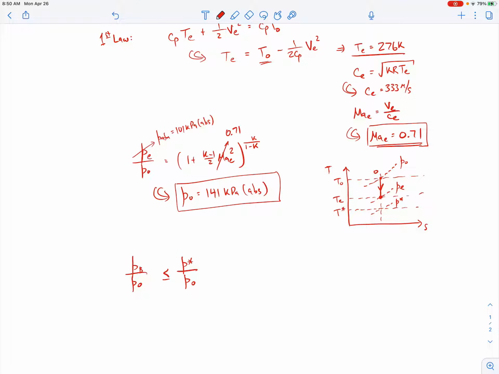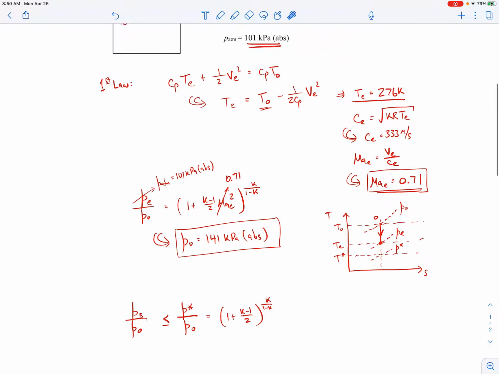That sonic pressure divided by the stagnation pressure, you can refer to the notes, but that you can derive, looks like this. Basically what it comes from is this expression here, but using a Mach number of 1. If you put a Mach number of 1 in there, it looks like that. And so if the back pressure is less than or equal to P star, then the flow will be choked.